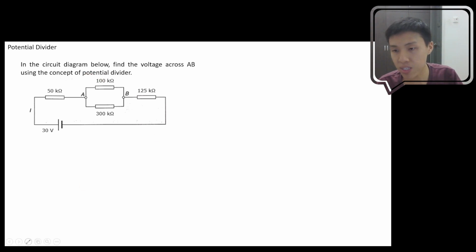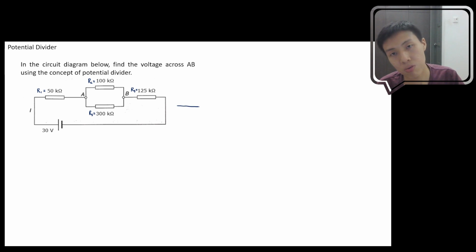Okay, so before we start, let me just label everything with their respective name. So I'll call this 50 kilo ohm resistor as R1, this 100 kilo ohm resistor as R2, this 300 kilo ohm resistor as R3, this 125 kilo ohm resistor as R4.